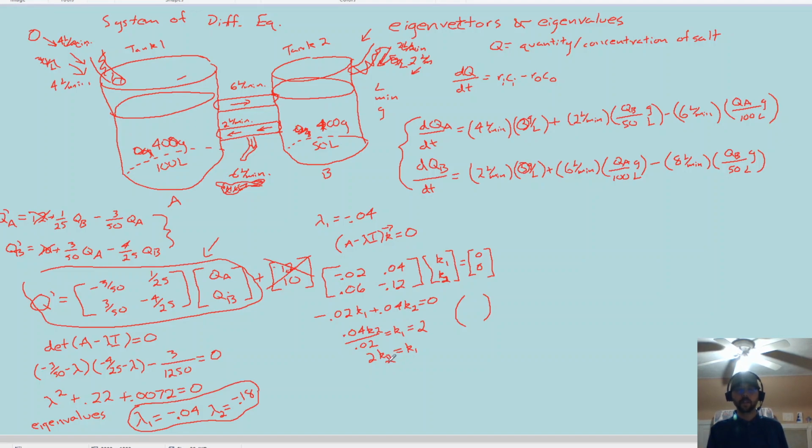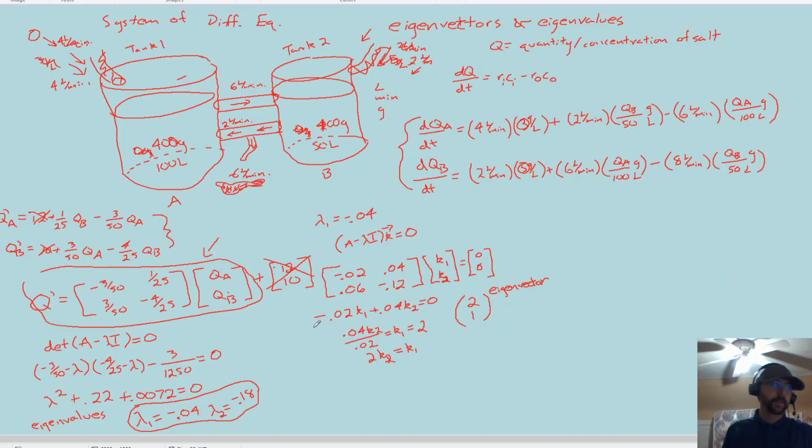So pretty much it's usually in your best interest to put a 1 somewhere. And in this case, it's easy to see that if k2 is 1, then 1 times 2 is 2, and we're left with 2 equals k1. So this is the eigenvector for lambda equals -0.04.